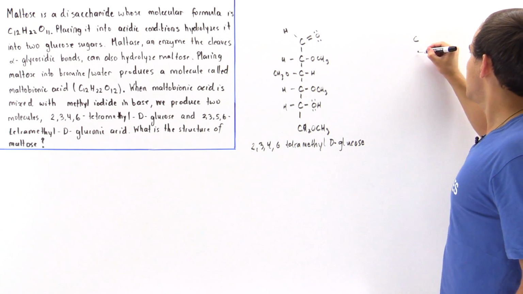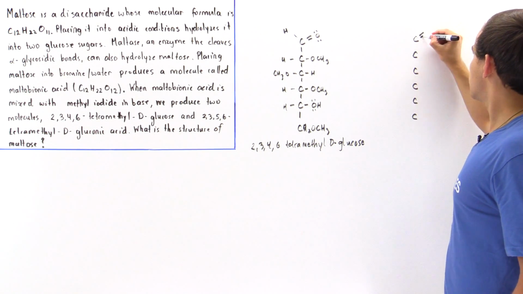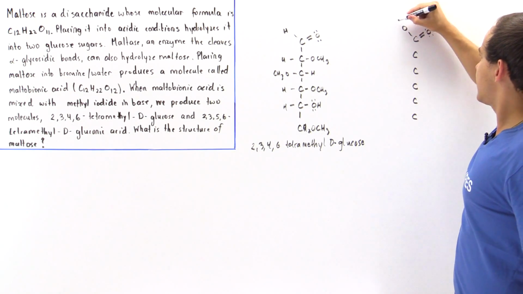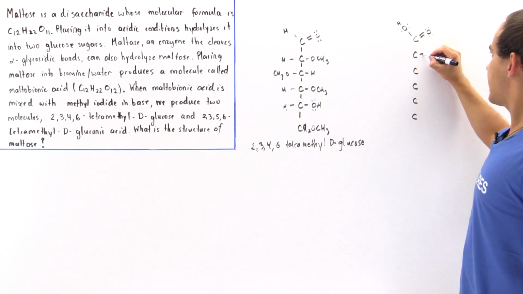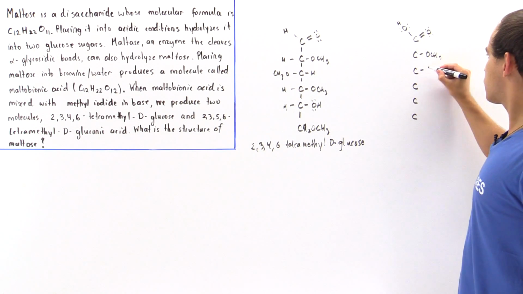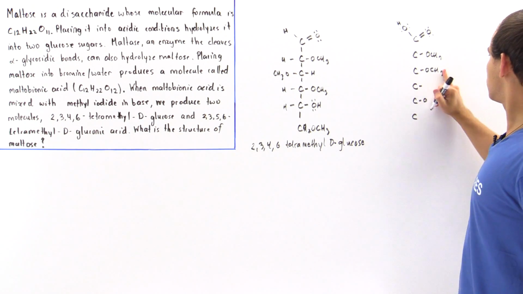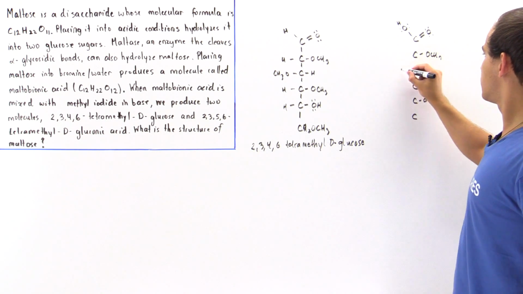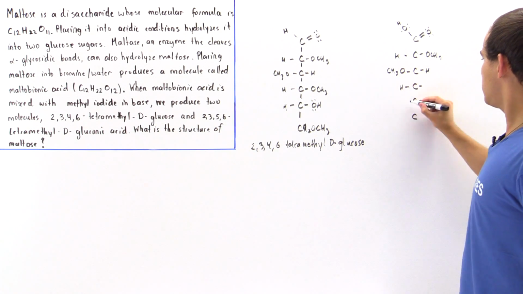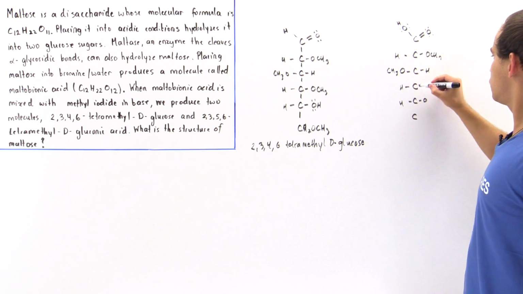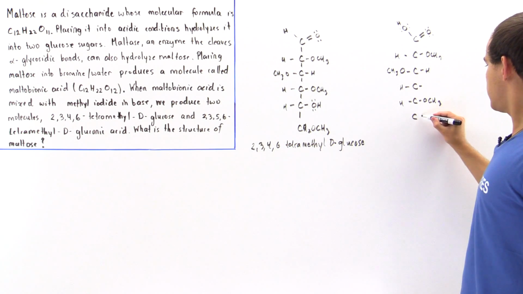So we have carbon 1, carbon 2, carbon 3, carbon 4, carbon 5, and carbon 6. So now we have an OH group here. Now, carbon number 2 has been methylated. Carbon number 3 has been methylated, 4 has not been methylated, so this should be an H. So 1, 2, 3, 4, and this has been methylated, and so is 6 methylated.